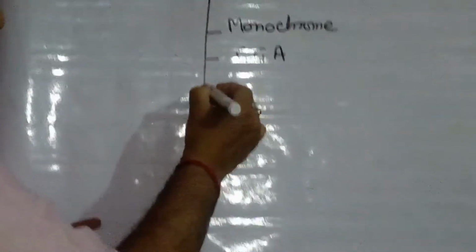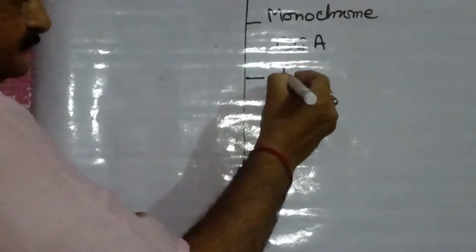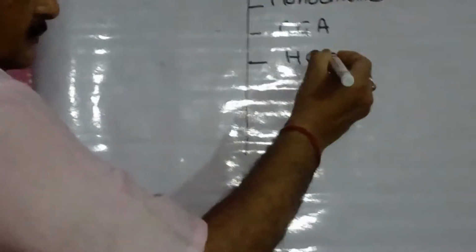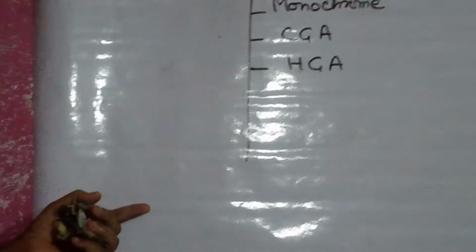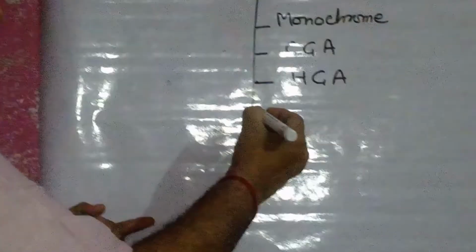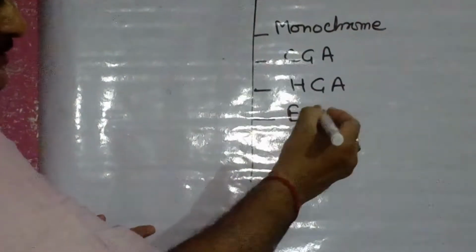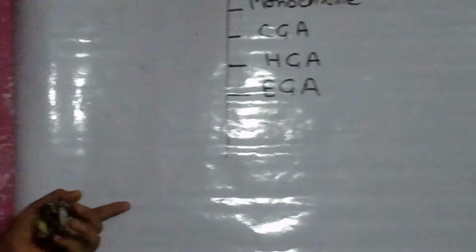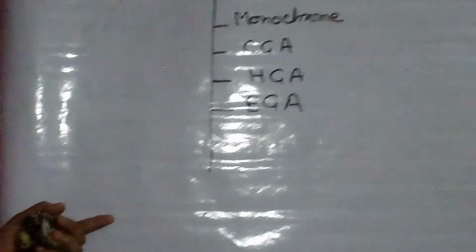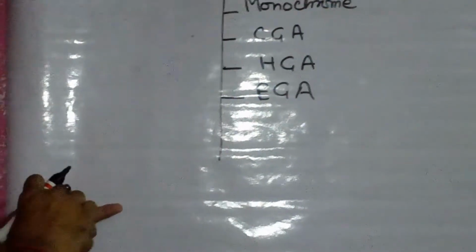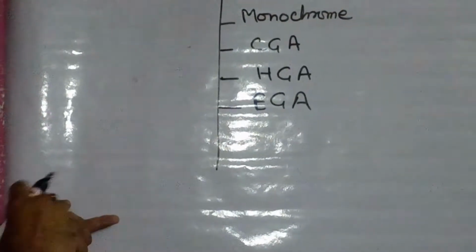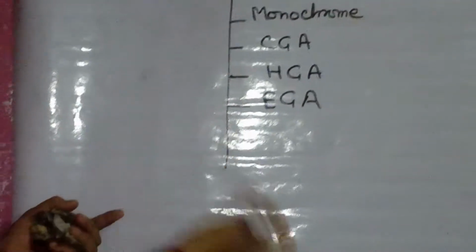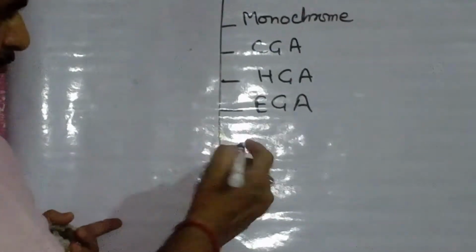Next is HGA, Hercules graphics adapter. After that it is EGA. What is EGA? EGA is enhanced graphics adapter. From HGA onwards, graphical work can be performed, it can display graphics on the monitor.